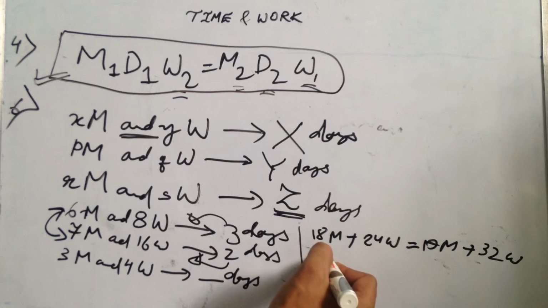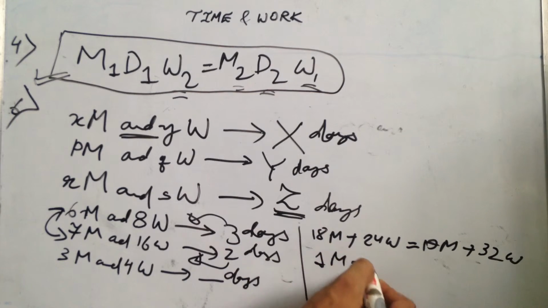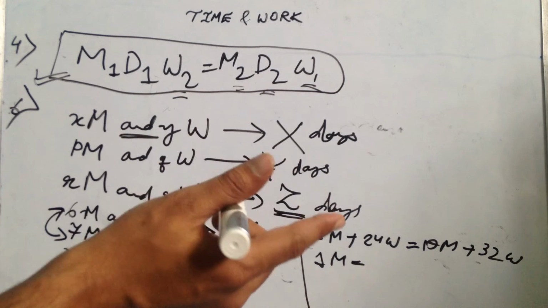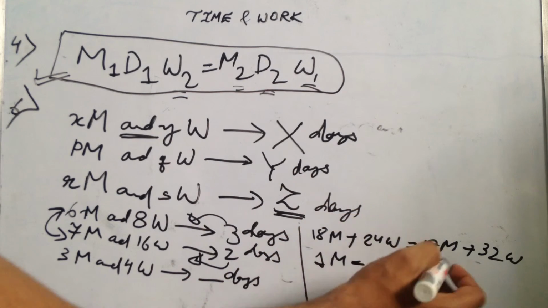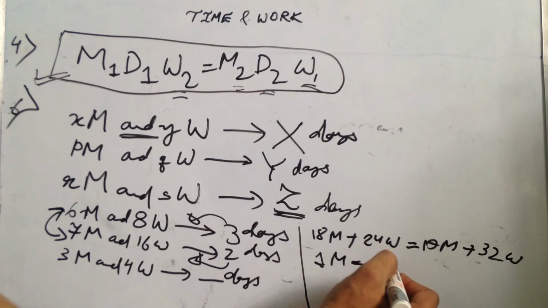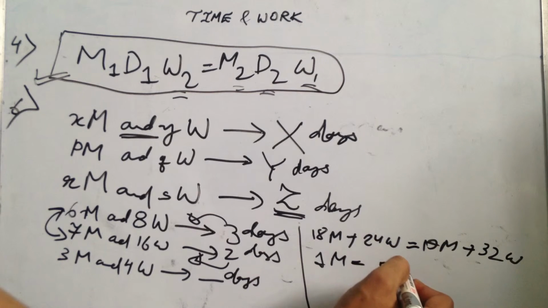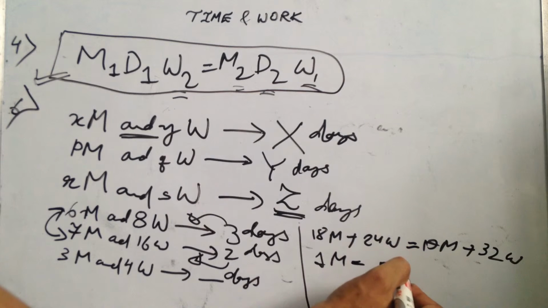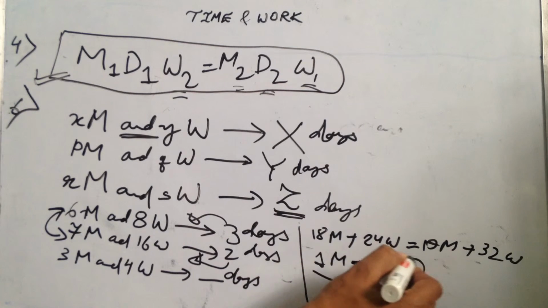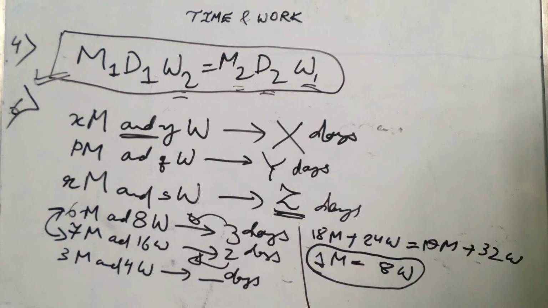So here it will become 1 man equal to, 24 is going there, so it will become 8 women. So it means 1 man is equal to 8 women, right?